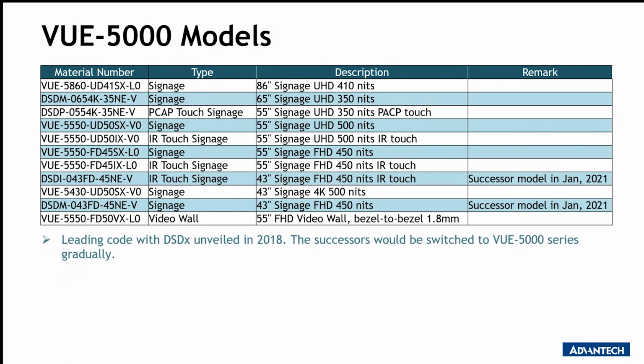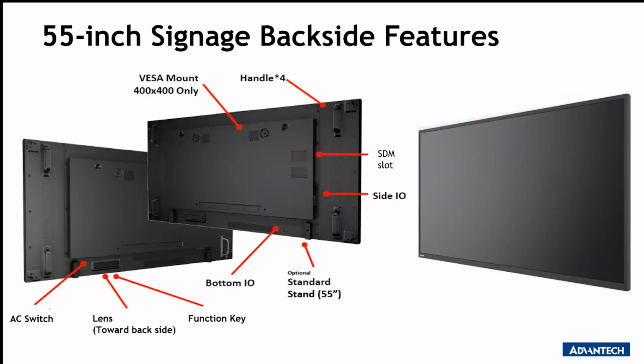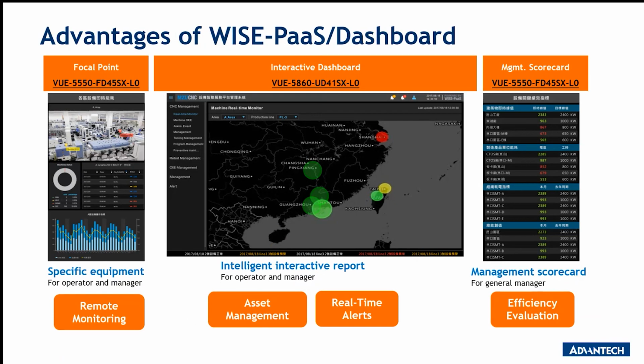You can discuss with the sales RBU which one matches your solution, and this is the backside. This is a case used for dashboards. We have an SQFlash dashboard as well for monitoring, asset management, and our remote monitoring system.